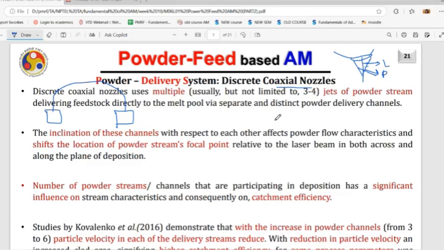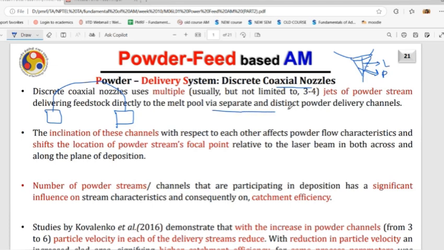We can even print nano size powder particles as well. In that case, there are ultrasonic vibration based systems that we can use for nano level powder delivery.